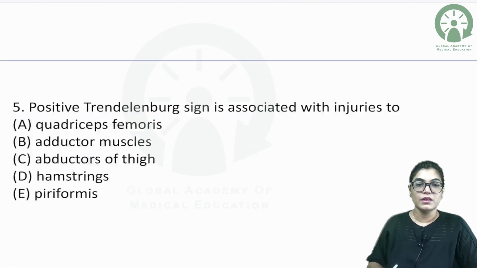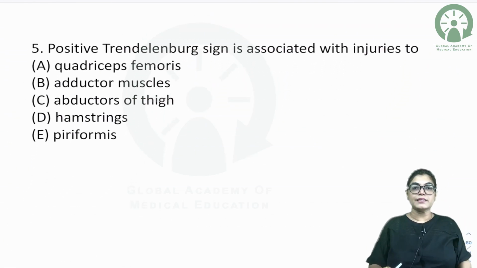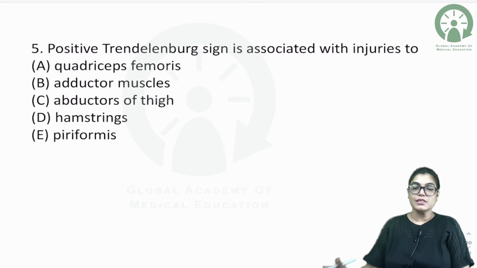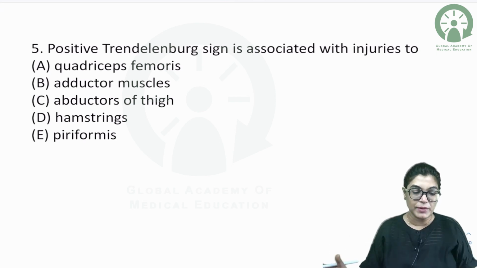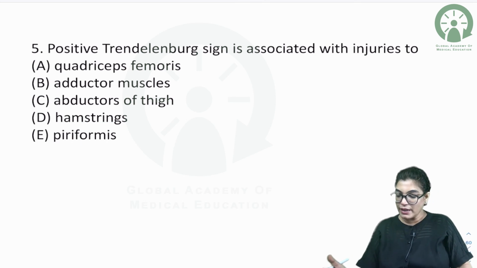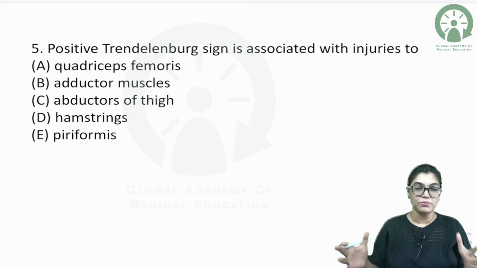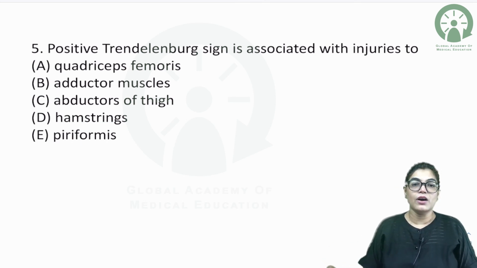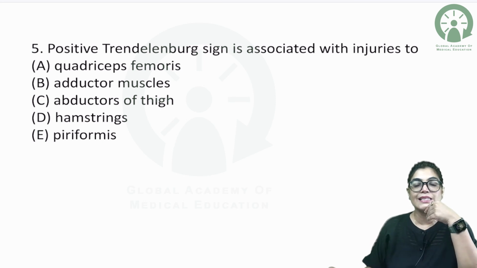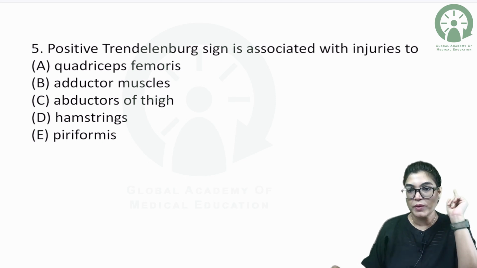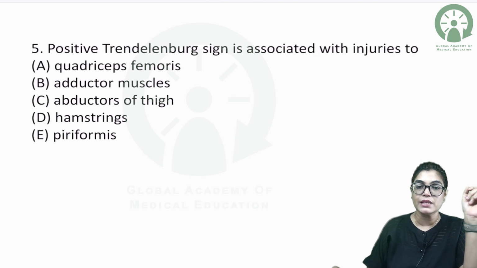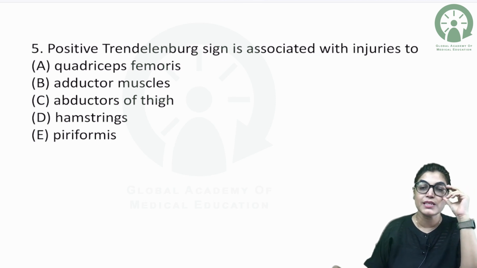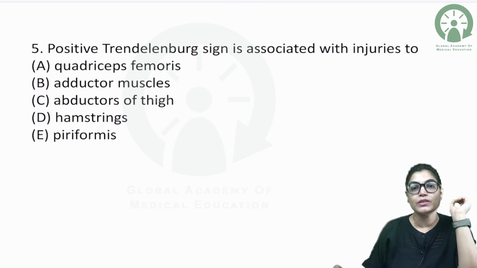Now, positive Trendelenburg sign is associated with. Actually, this is a very important clinical aspect which everybody should know. Trendelenburg sign is seen in case of injury of superior gluteal nerve. Superior gluteal nerve gives innervation to gluteus medius and minimus, and their action is abduction of the thigh.